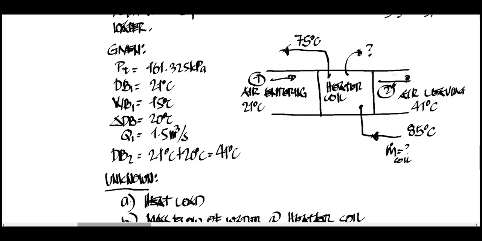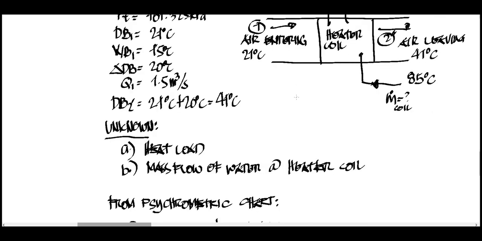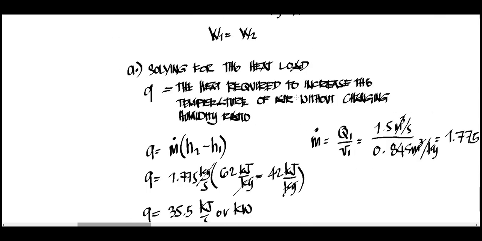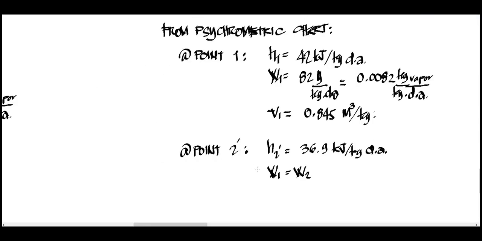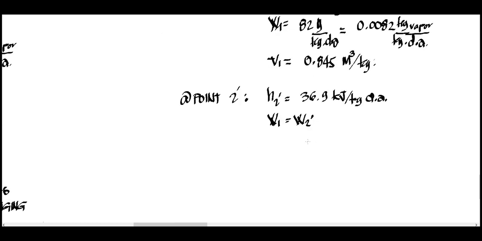So at point 2 prime, we have the enthalpy of 36.9 kilojoule per kilogram of dry air. Then humidity 1 and humidity 2 at 2 prime are equal, since we have constant humidity.